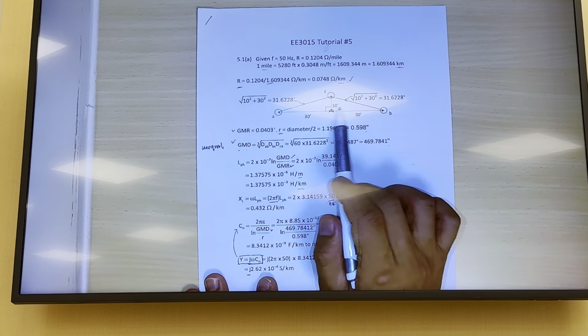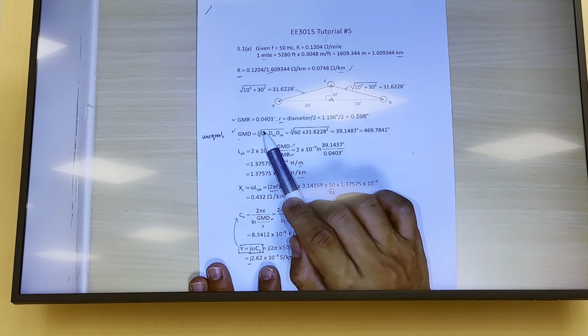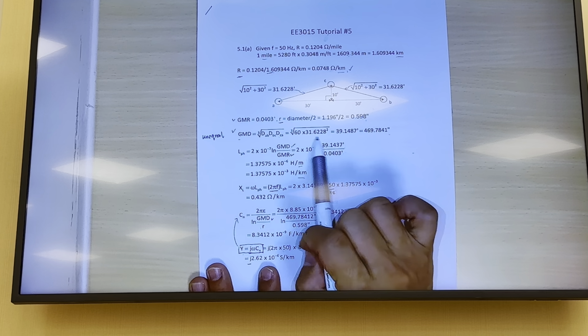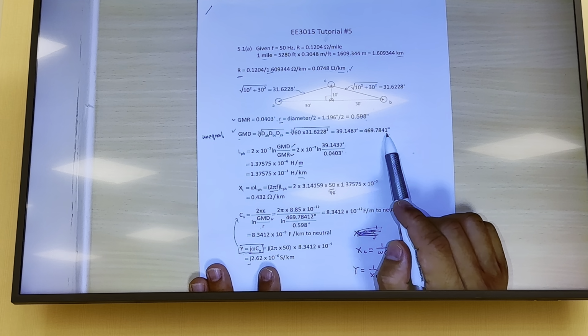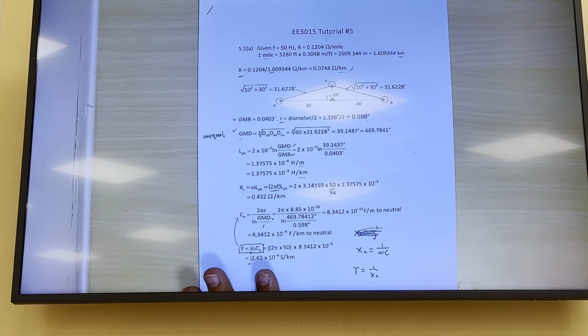Then, because this is unequal spacing, we have to recalculate the GMD, which is the third root of the product of the three distance values. So this is the GMD in the feet value, and this is the inch value. Now, if you use the same length unit, let's say inch or feet, it's also fine because essentially we are going to use the ratio between the GMD and the GMR, right?